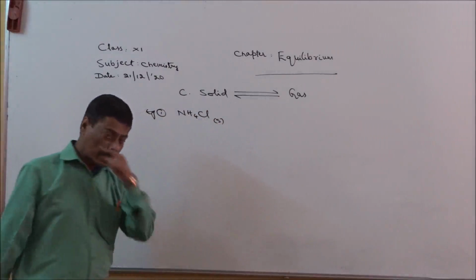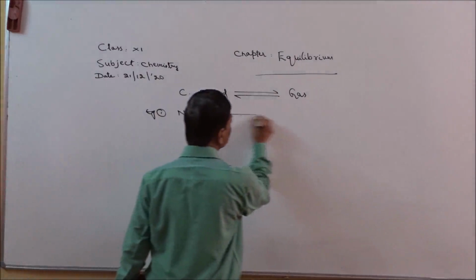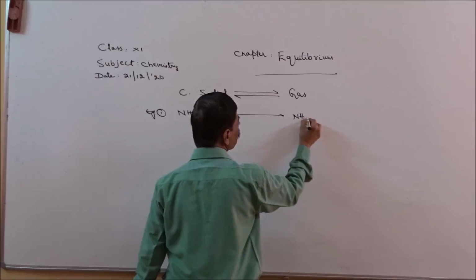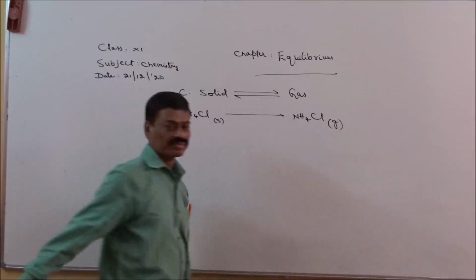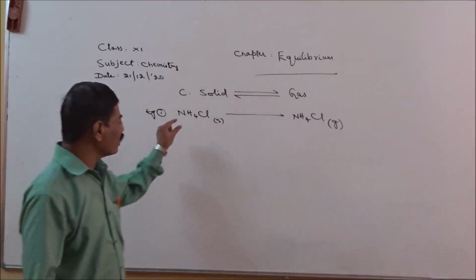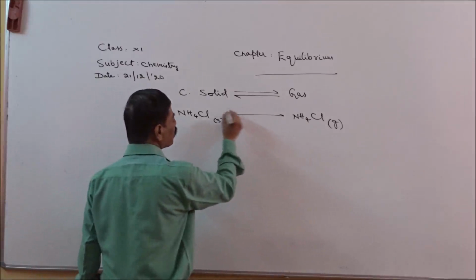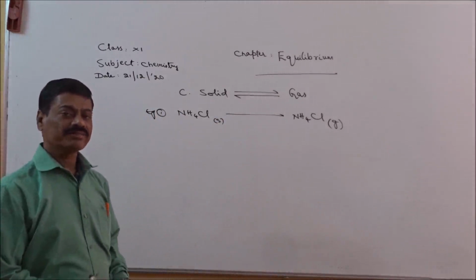It is a white colored crystalline solid substance, right? When it undergoes a change, it gives rise to ammonium chloride in gaseous form. When ammonium chloride is slightly heated, on heating it becomes gas directly.